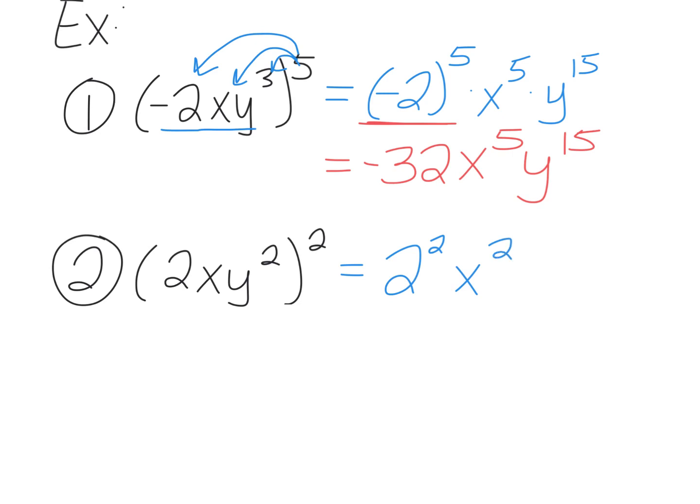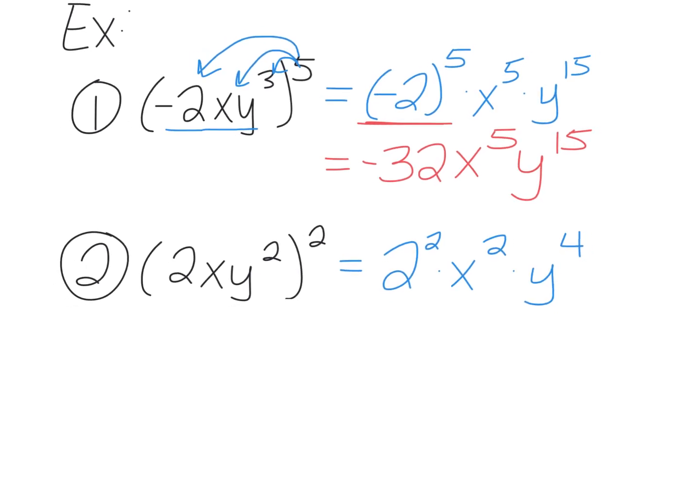X squared. What else? Y to the 4th. And how did you get 4? 2 times 2. Good. And then what's that last thing we have to do? Yep, we got to simplify this right here. 2 squared, 4, and then we have our variables to keep. Good.